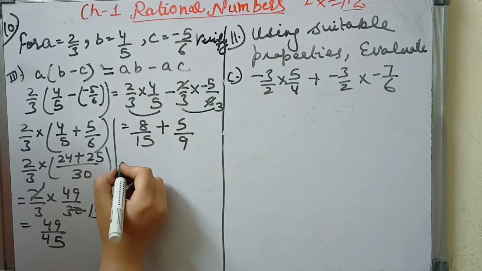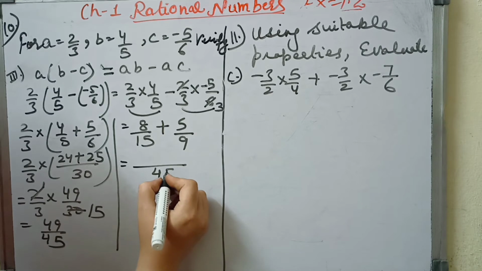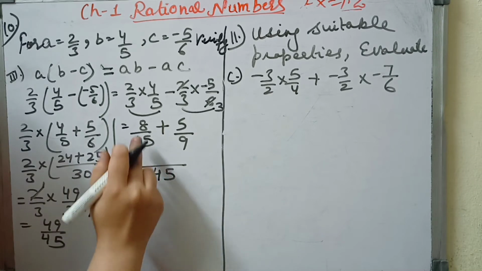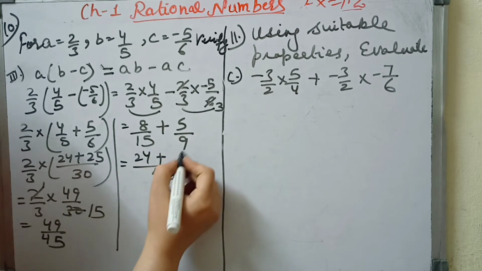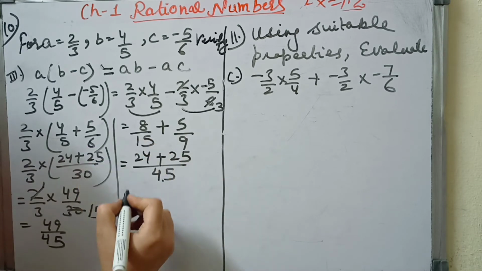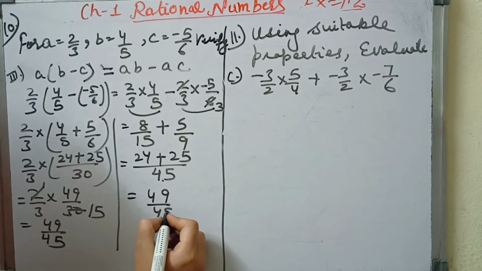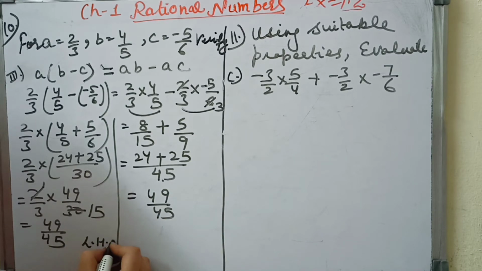Now take the LCM of 15 and 9, it is 45. When 45 divided by 15, we will get 3, 3 8s are 24. 9 5s are 45 and 5 5s are 25. Now again do the addition. It is 49 over 45. Now you see left hand side equals right hand side. So this is verified.